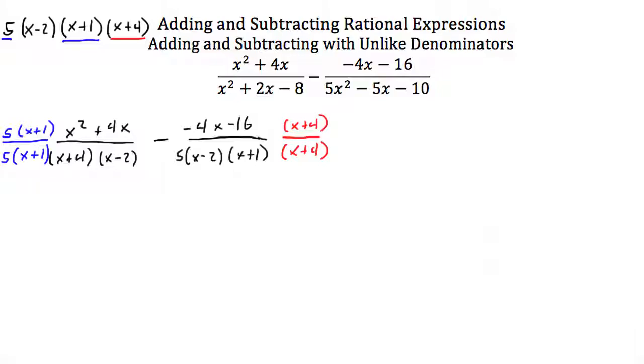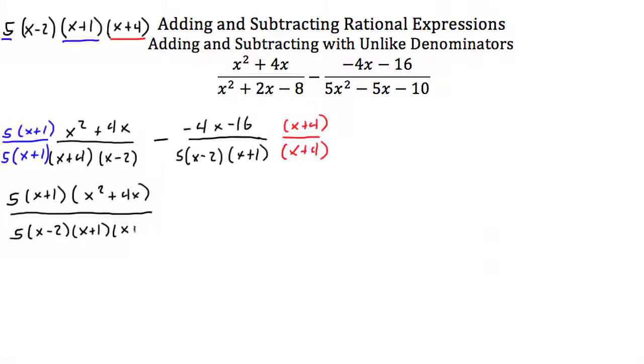x plus 4. If I do this, I'll end up with 5 times x plus 1 times x squared plus 4x all over 5 times x minus 2 times x plus 1 times x plus 4.